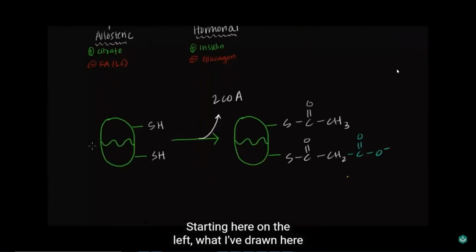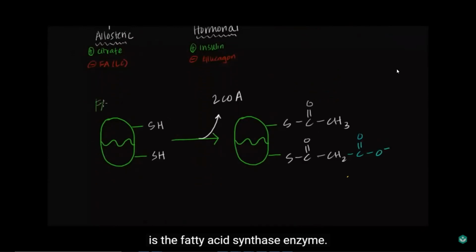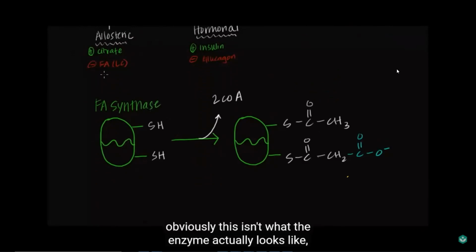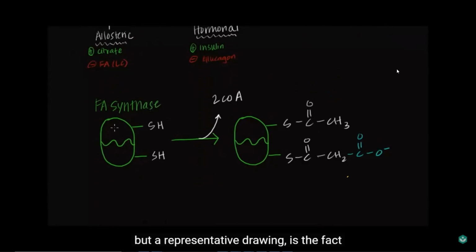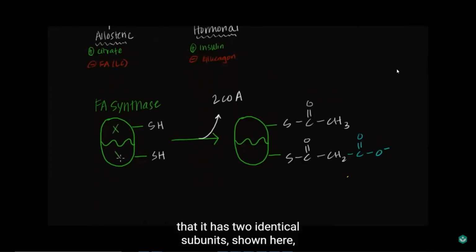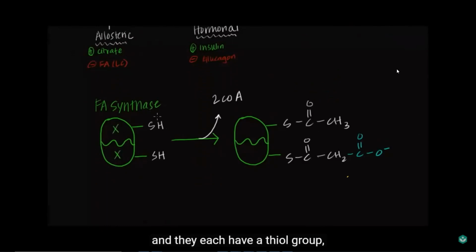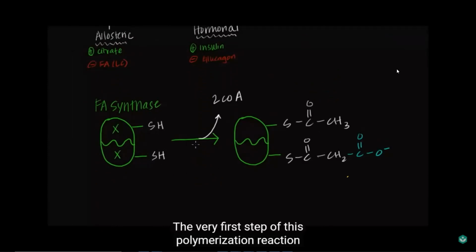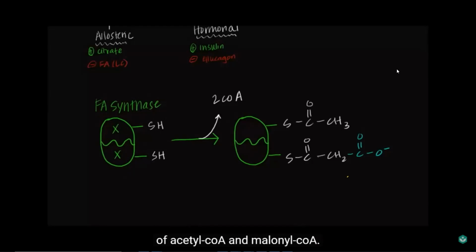Starting here on the left, what I've drawn is the fatty acid synthase enzyme. Obviously this isn't what the enzyme actually looks like, but in this representative drawing, I want to draw your attention to the fact that it has two identical subunits, and they each have a thiol group, or a sulfur hydrogen group, located here in the active site region. The very first step of this polymerization reaction is to start off with both a molecule of acetyl CoA and malonyl CoA.